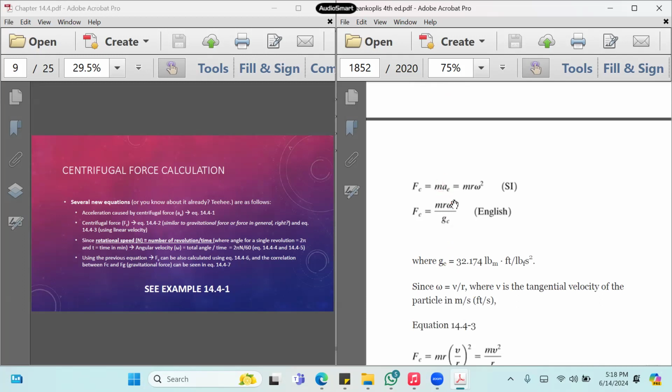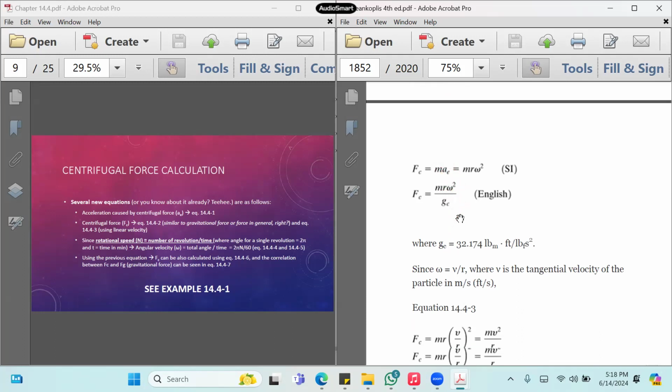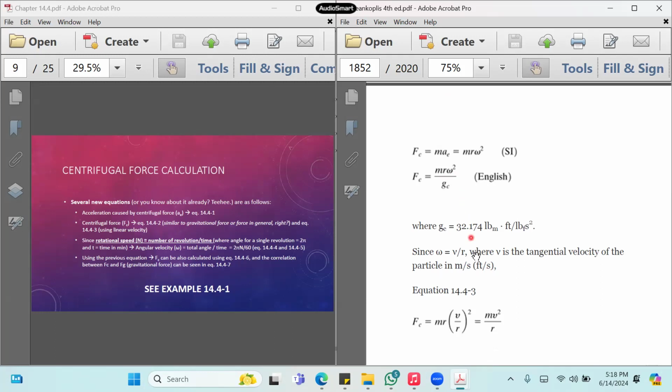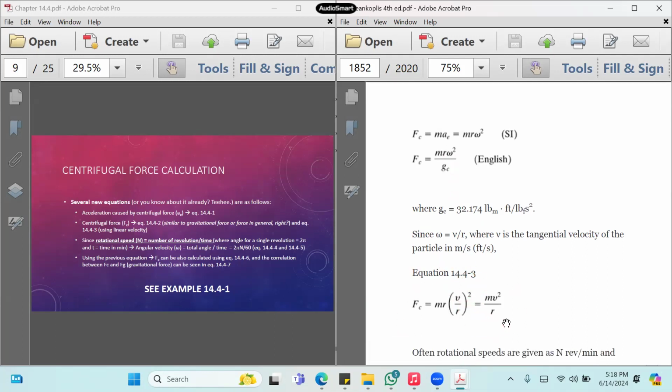Since angular acceleration is also a function of angular velocity, and angular velocity is also a function of linear velocity, we can actually calculate the centrifugal force using the linear velocity, in equation 3.